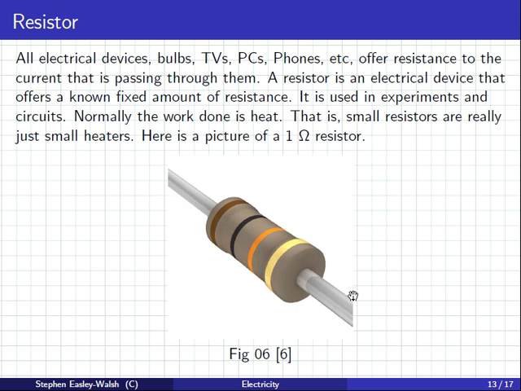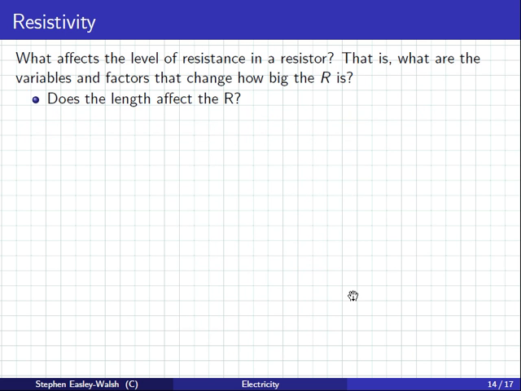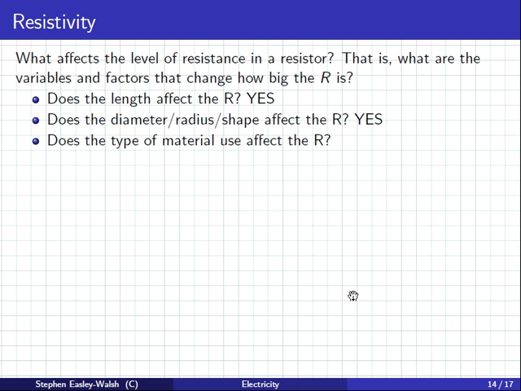What else might affect it? Yep, the diameter would affect it. What else? The temperature might affect it, yeah. The material itself, yeah. So the length could affect it, yes. The diameter, yes. The type of material, yes. These could all affect how much resistance we have.